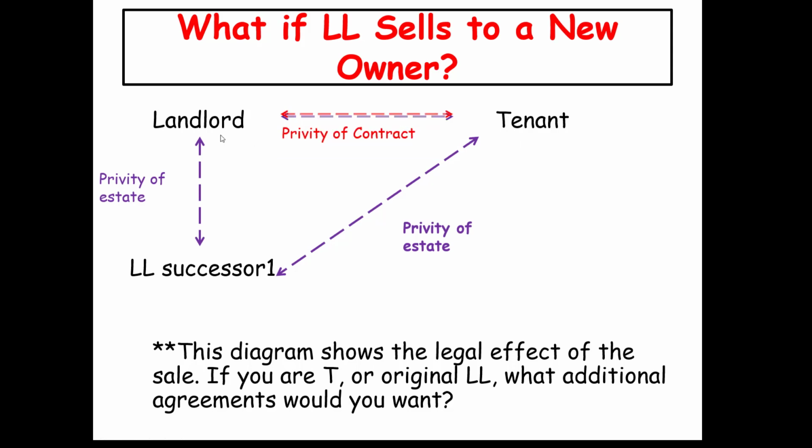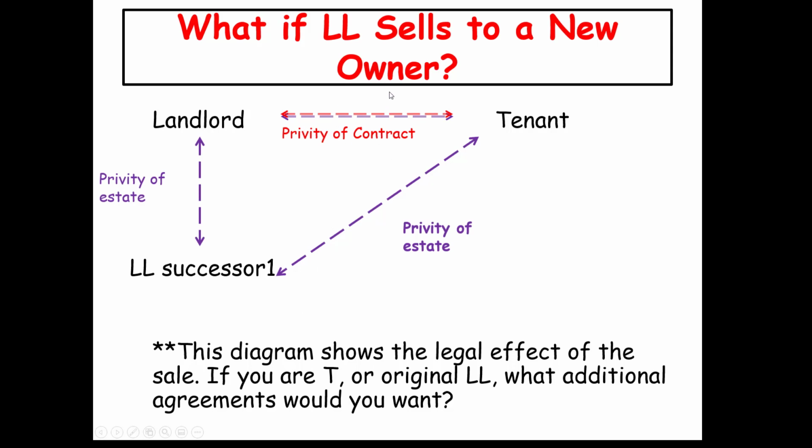Okay, so think about if you are the tenant in this situation, what additional agreements might you want? And if you're the original landlord, what additional agreements might you want? If you're the tenant, you might want a written agreement that indicates that paying the new landlord the rent satisfies this lease obligation.